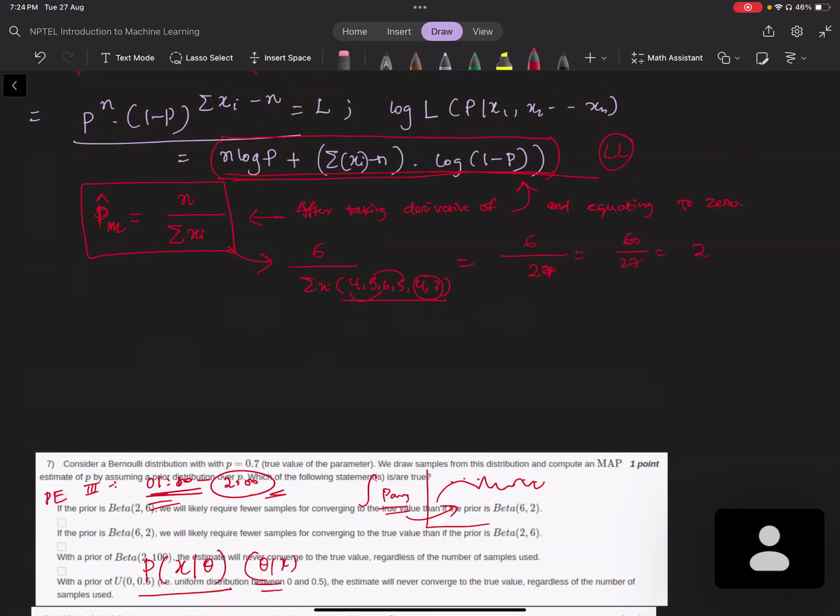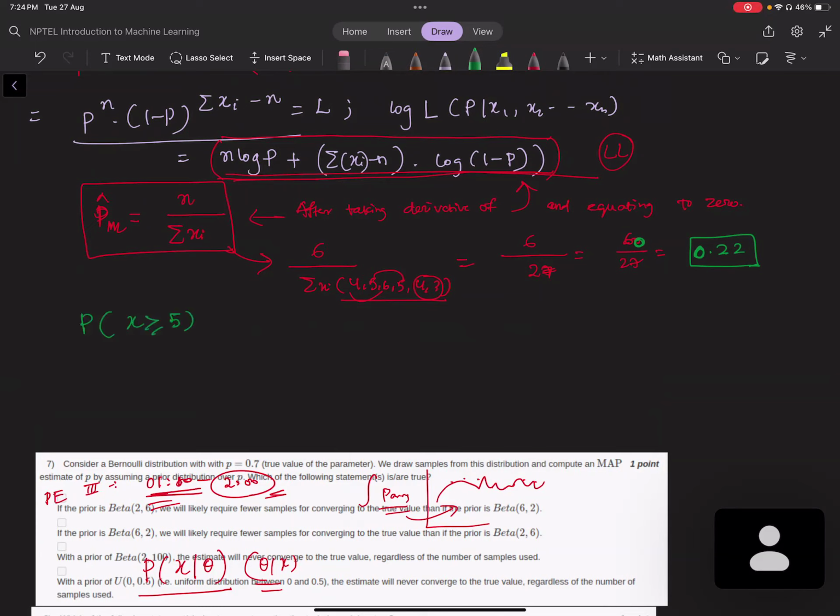And this will come out as 6 by 27, which is 0.22. So it will be 0.22. Okay. And so we have to find P of x greater than or equal to 5.